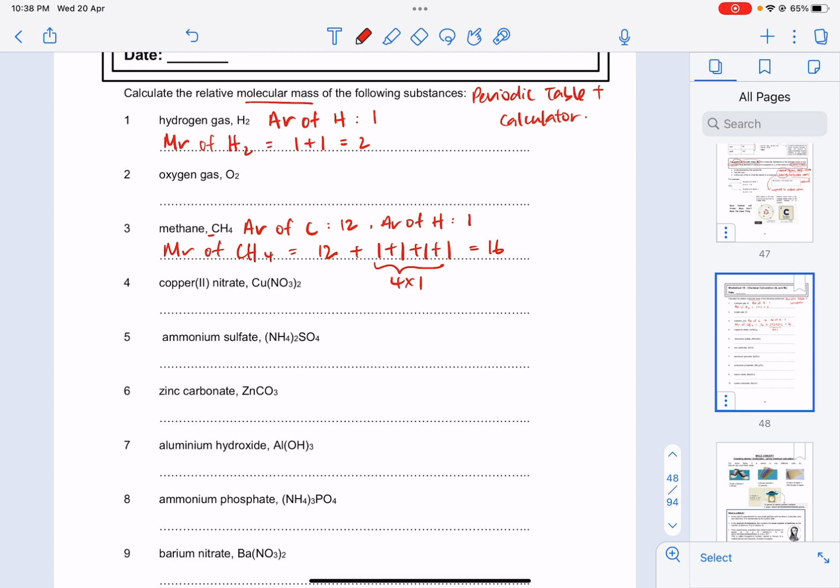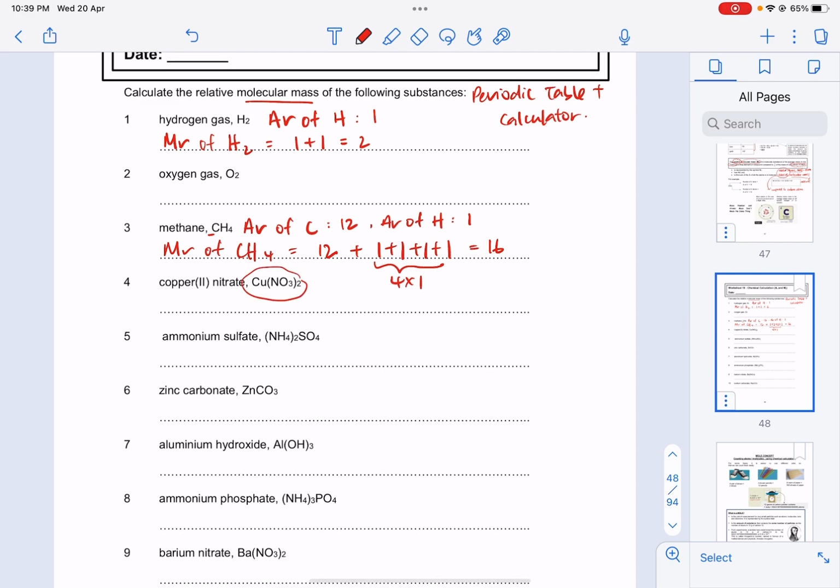Now, I'm going to try the next one, and the next one is copper(II) nitrate. So the thing about MR, you also need to learn how to break the formula into individual ions. You need to know how many atoms are there in that particular ion. Okay, so let's look at this question.